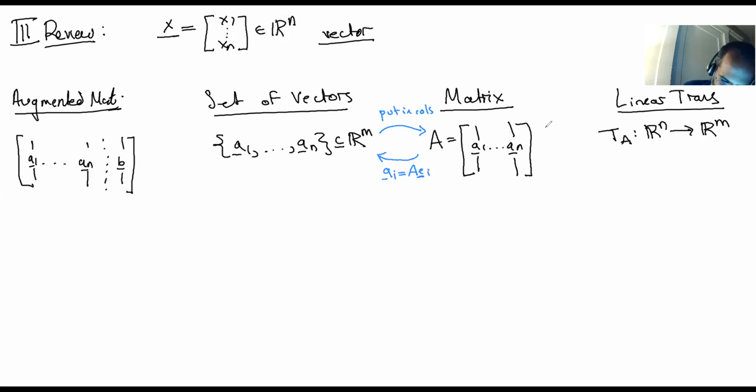Okay. Similarly, if you have a matrix, it defines a linear transformation just by T_A of x equals Ax. And if you have a linear transformation, it comes from a matrix by taking the standard matrix, which is you just apply T to the standard basis vectors.